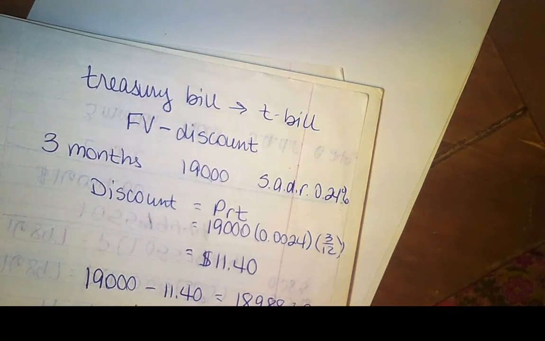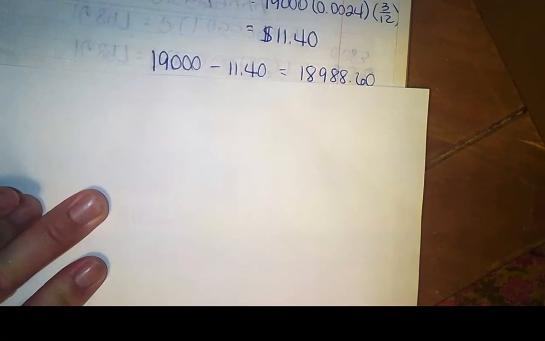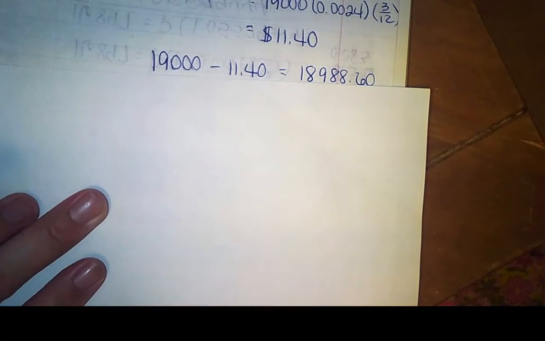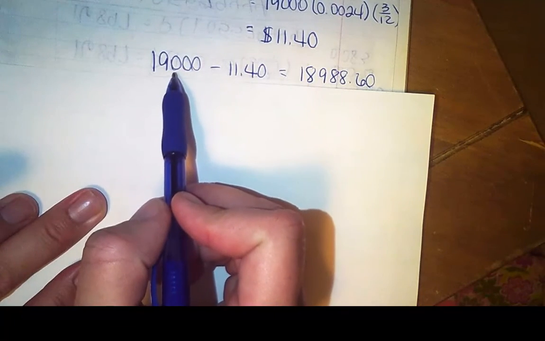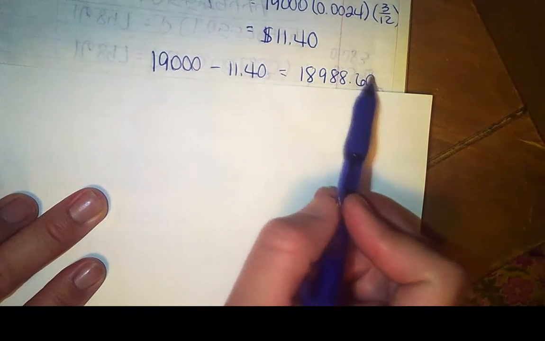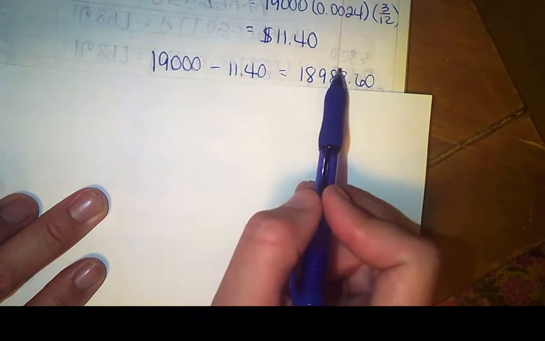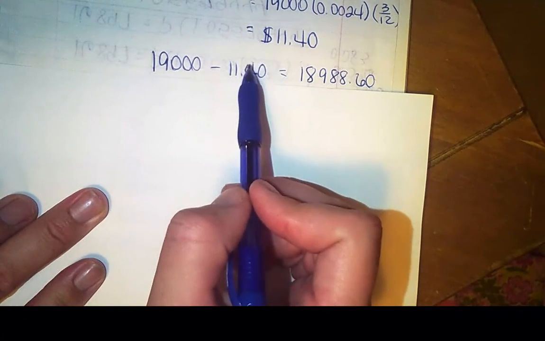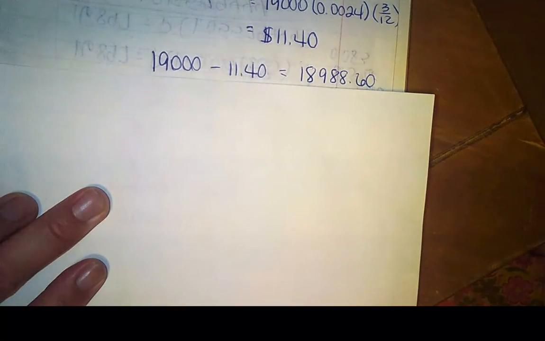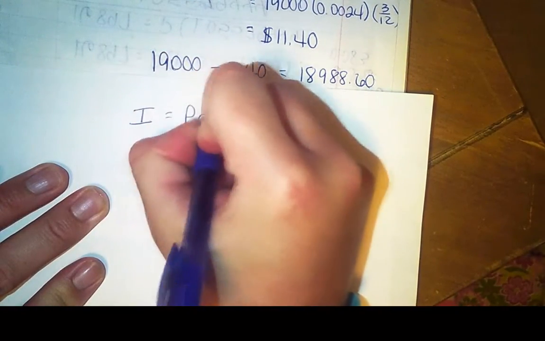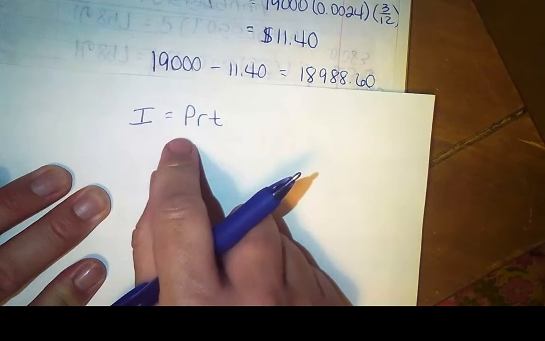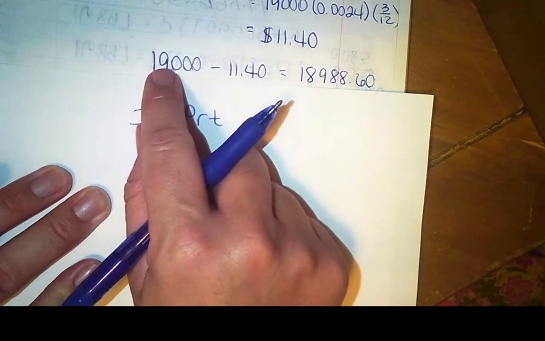The next part of this question says the actual interest rate paid by the Treasury. So for part 2, I want to find the actual interest rate paid. Remember that the face value of $19,000 included what I borrowed and the interest. So to find the actual interest rate I paid, I'm just going to use the simple interest formula, PRT, but be very careful because your principal is not $19,000.